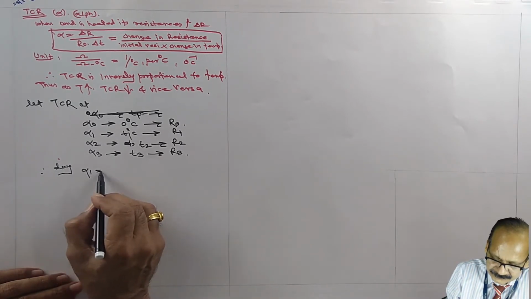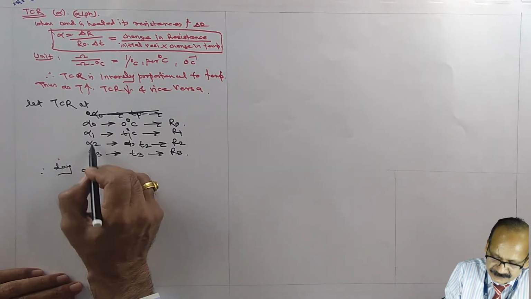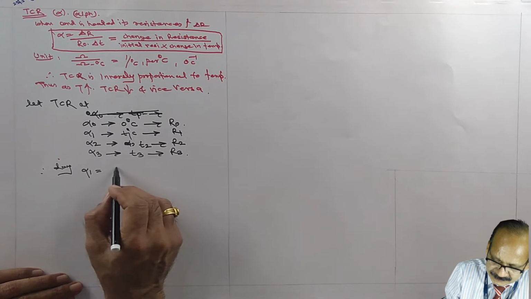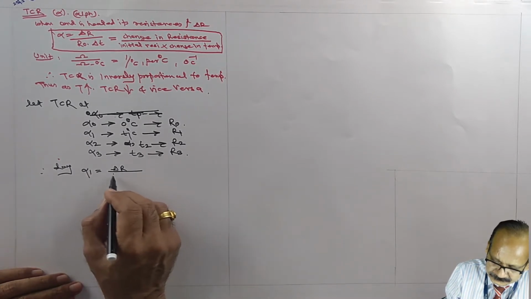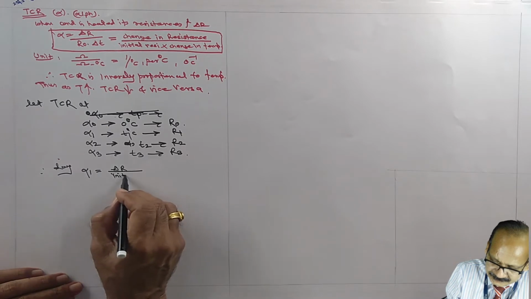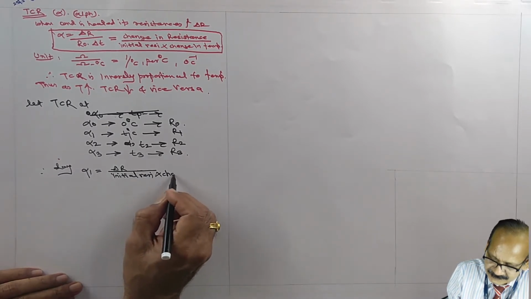Therefore alpha 1 equals the resistance difference, delta R, upon initial resistance multiplied by change in temperature.